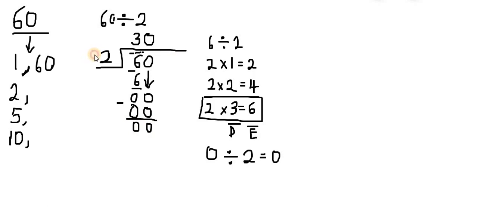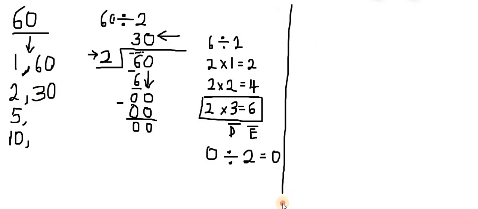Okay, so if 2 is a factor, because it produces 0 remainders, the number up here as the answer is also a factor. So 30 is a factor. Now, we can do the same thing with 5 that we found as a factor. So 60 divided by 5.